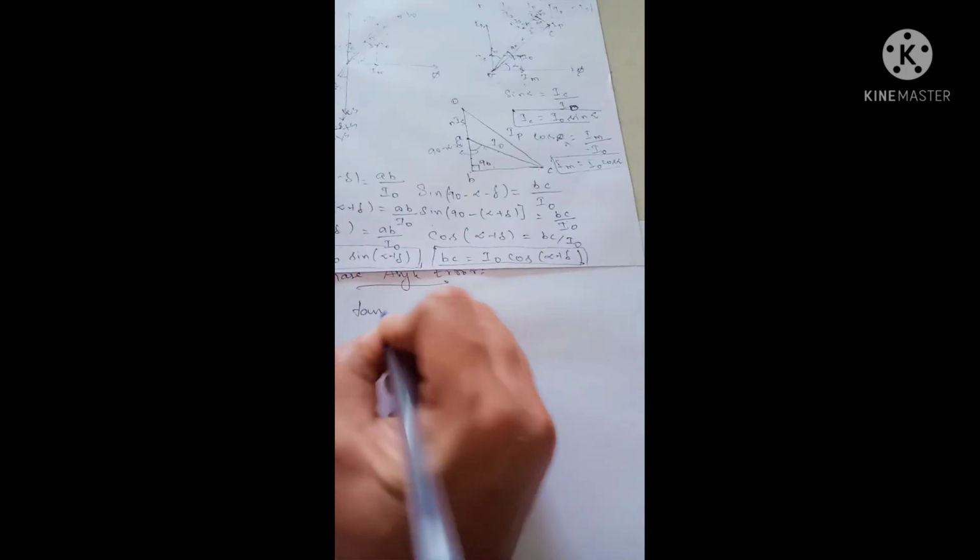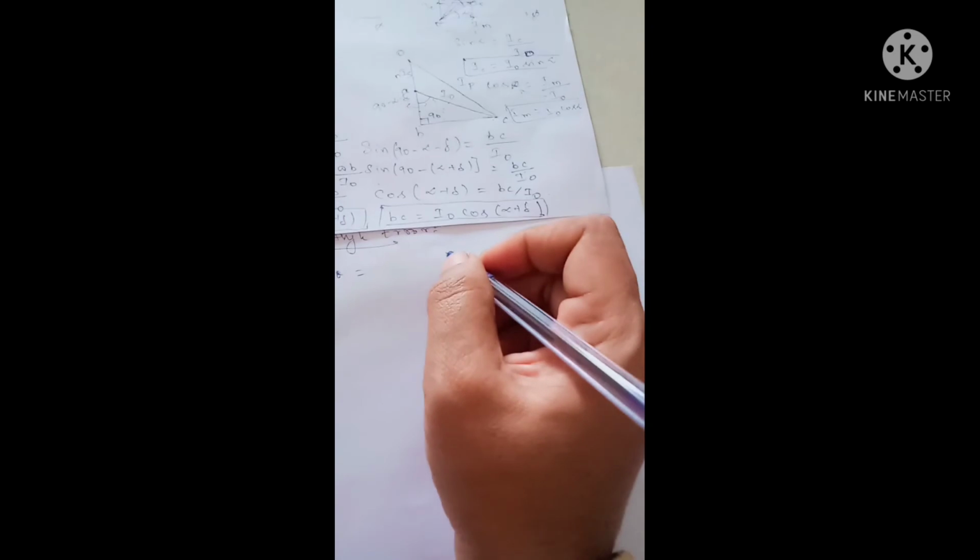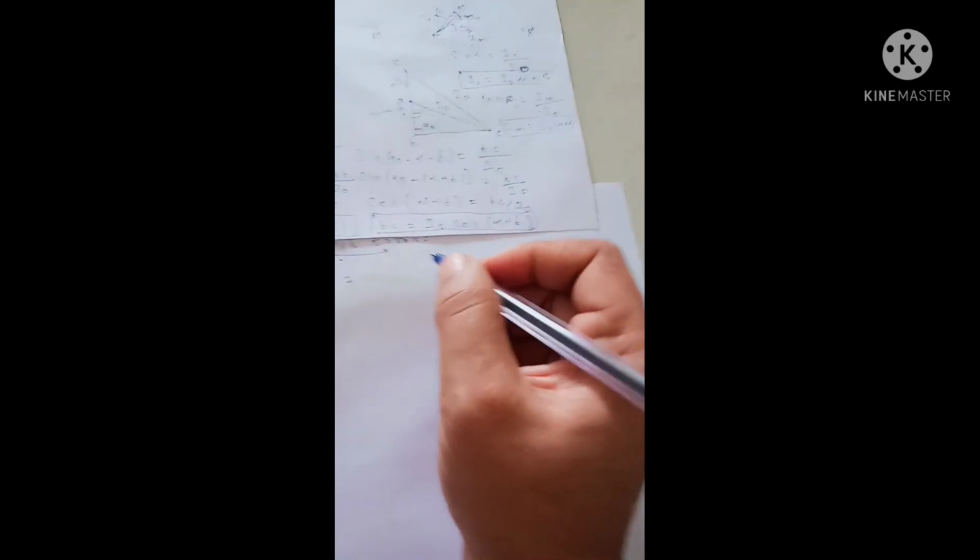Then we shall discuss the phase angle error. In our triangle, I am going to find tan theta, which is the opposite side by the adjacent side.